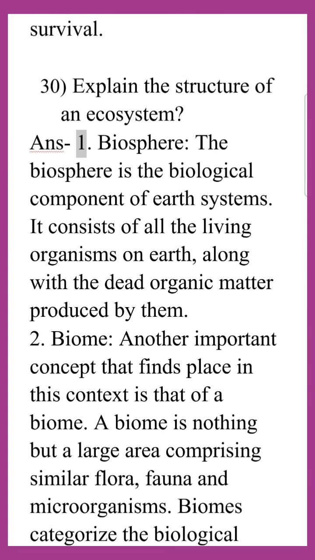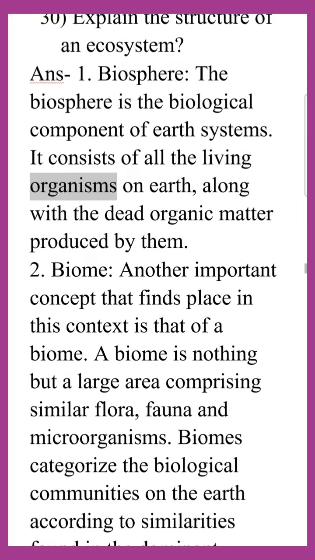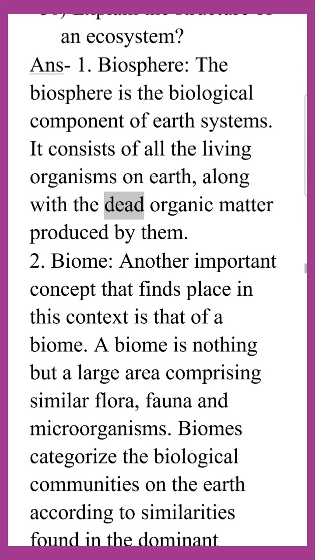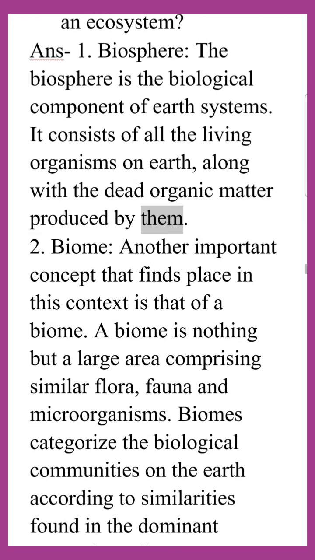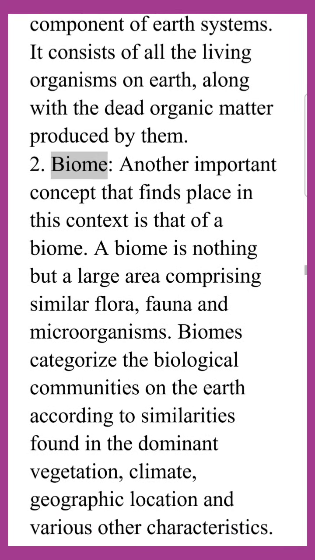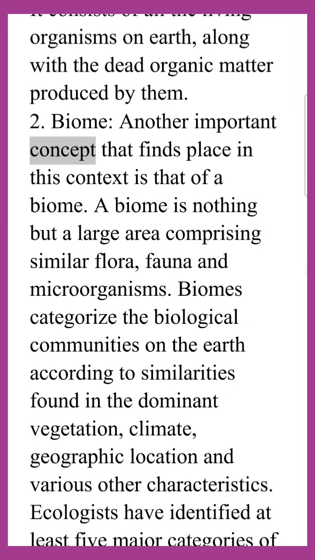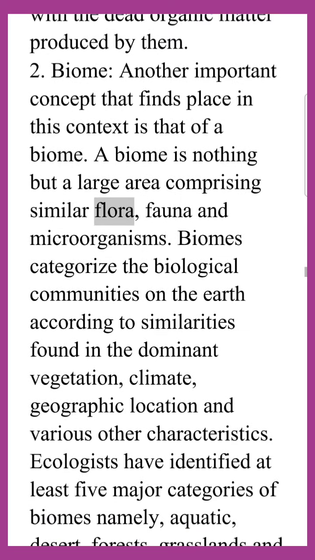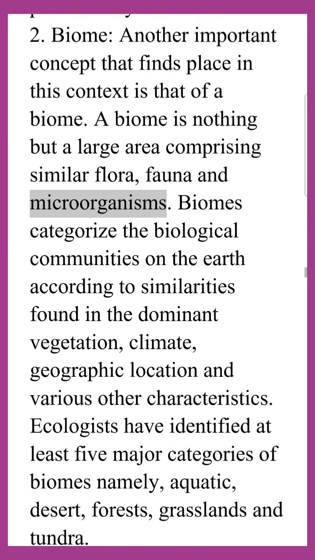Explain the structure of an ecosystem. Ans 1. Biosphere. The biosphere is the biological component of Earth systems. It consists of all the living organisms on Earth, along with the dead organic matter produced by them. 2. Biome. Another important concept that finds place in this context is that of a biome. A biome is nothing but a large area comprising similar flora, fauna and microorganisms.